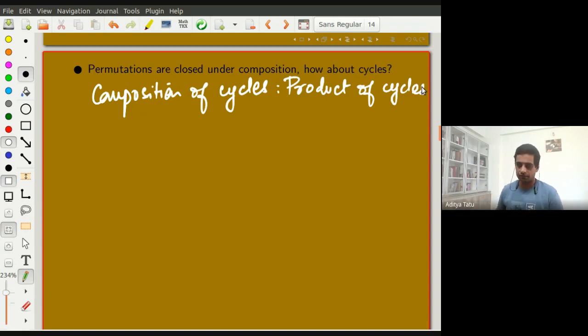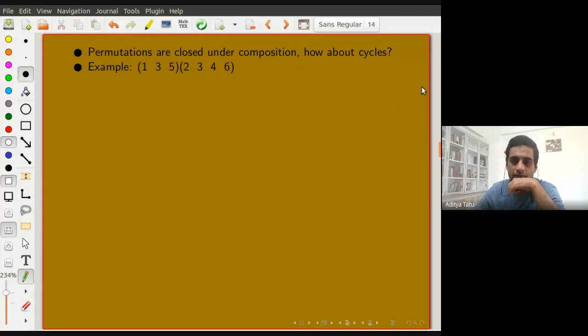This is how usually books will refer to it. So what do you think? Will cycles be closed under product or composition? Maybe let's take examples. So these are 2 cycles that you can see on the slide.